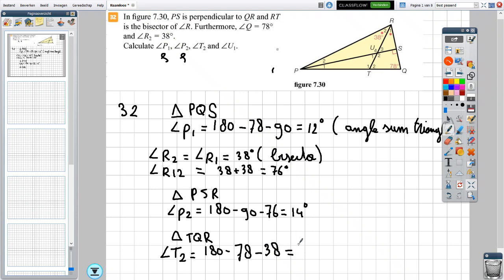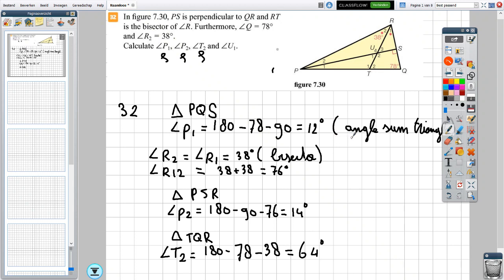Let's calculate this as 102, 100. Am I correct in saying this? I do think so. Yes, I'm correct. So angle T2 is 64 degrees. Okay, so that checks this one.